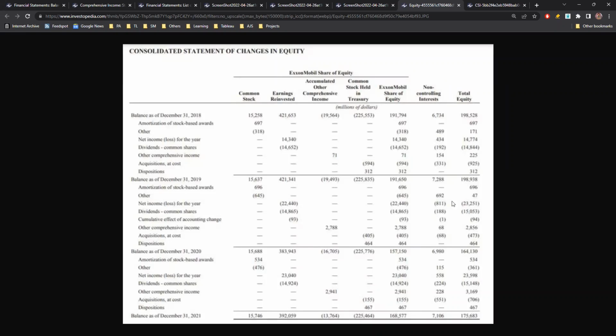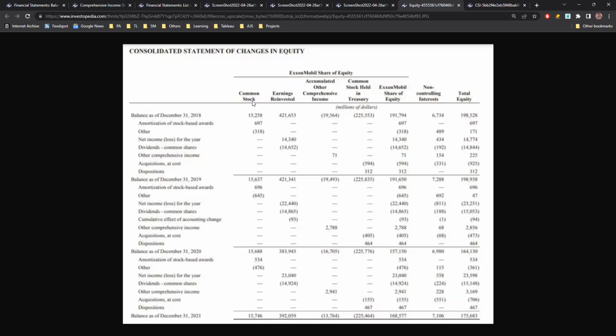Let me see if I have anything to add. Yeah, so I think that's pretty much it. Different companies may have different elements here. Here we are only seeing common stock, but there are some cases where you will see different types of stocks.